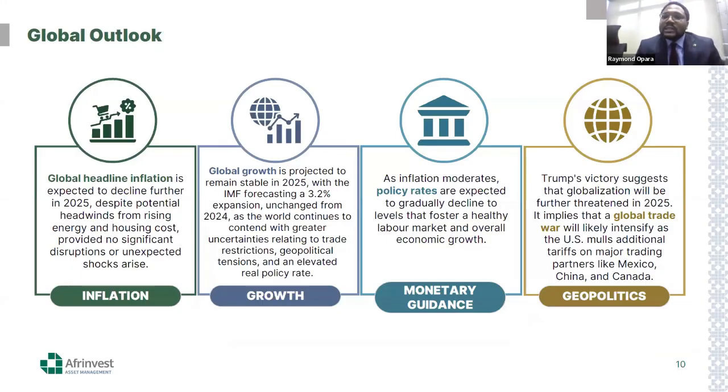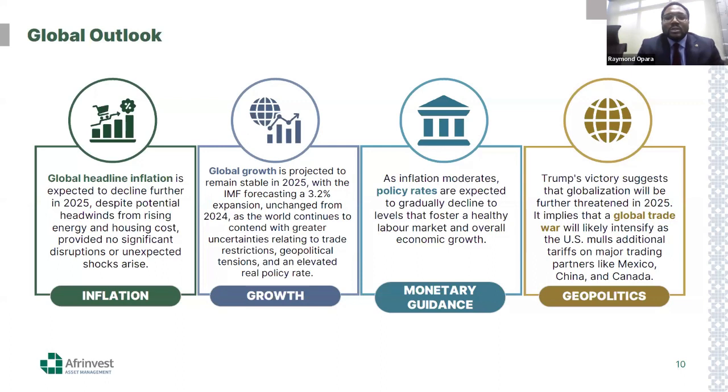four major keys that will shape 2025, starting from inflation. Global headline inflation is expected to decline further in 2025, despite potential headwinds from rising energy and housing costs, provided that no significant disruptions or unexpected shocks arise.